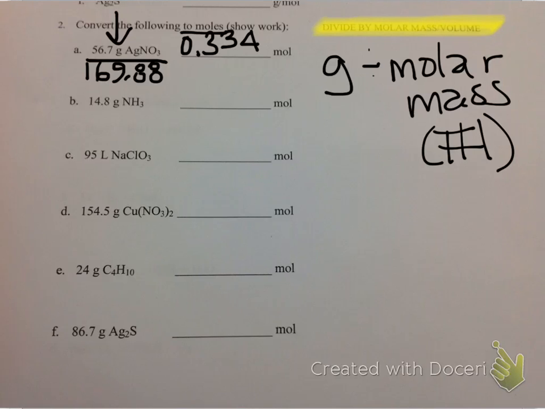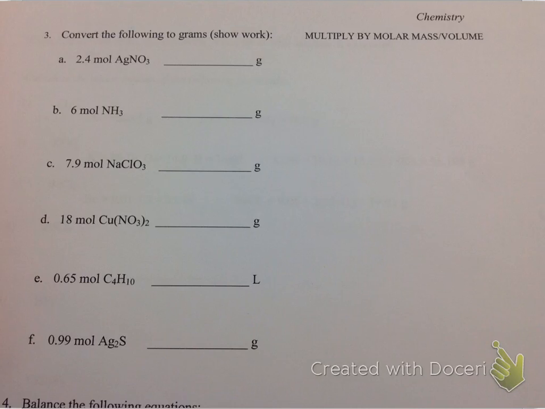Okay, the next set of information is very similar. In this case, you have moles and you want grams. So, like before, you've got this neat little piece of info. You're going to multiply by the molar mass. So instead of dividing by 169.88, I'm going to take 2.4 and multiply by 169.88.